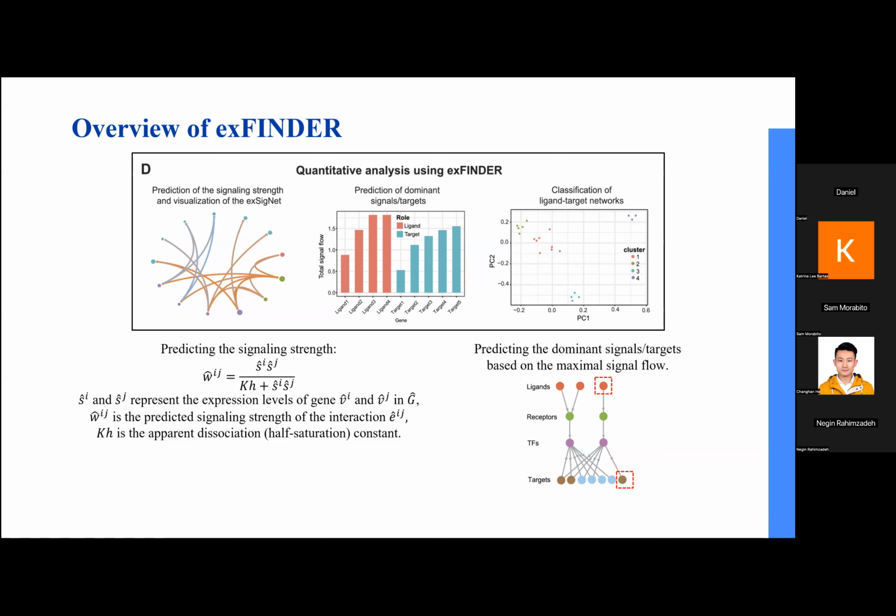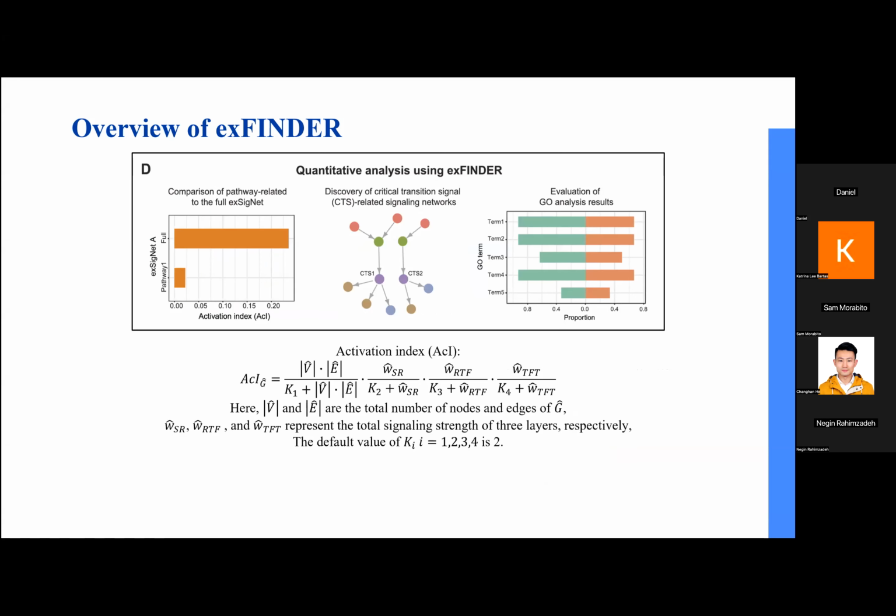And then after that, the third part, we introduce a new concept, the activation index. So the activation index is, for one exSIGNet, so for one big network, we use this formula to quantify the activation level for this network.